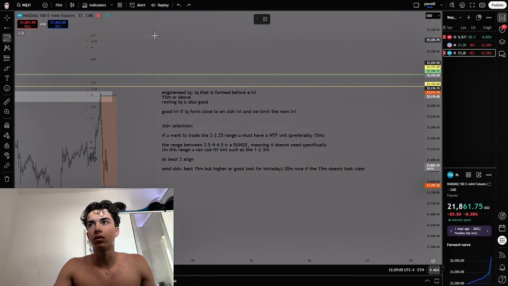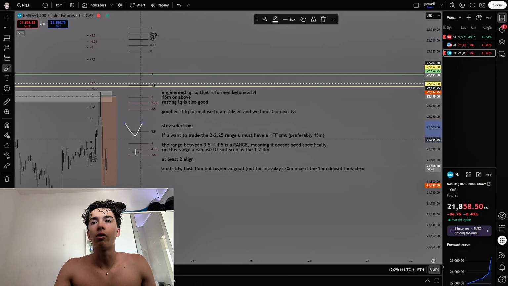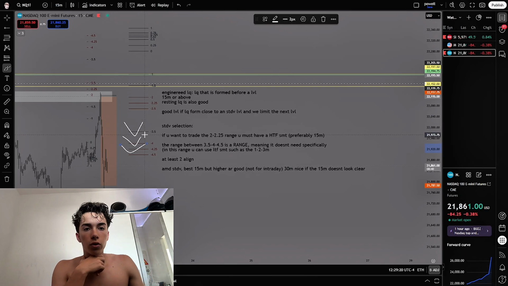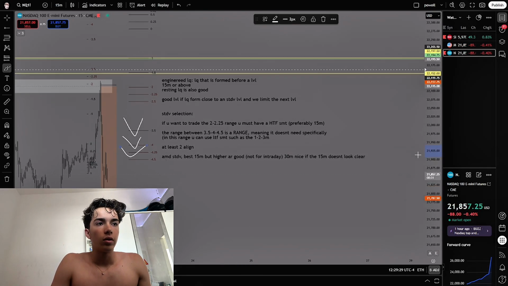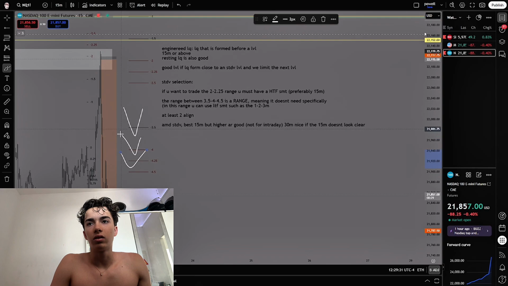Same thing when we are bearish, same concept. We don't want this, we want this, or this, or this. Of course, our entry position will be on the specific level, and now I'm going to explain to you how, but you understand the concept. This needs to be considered as a range, basically.